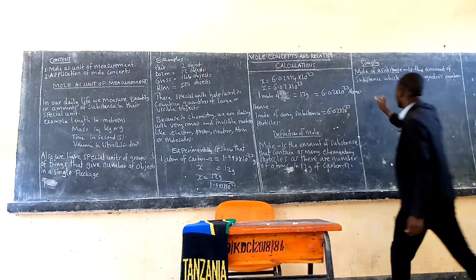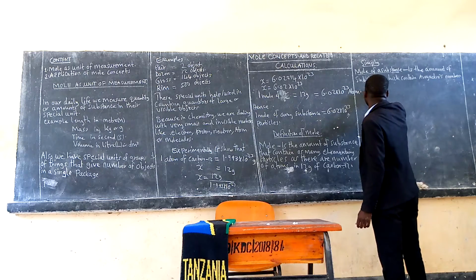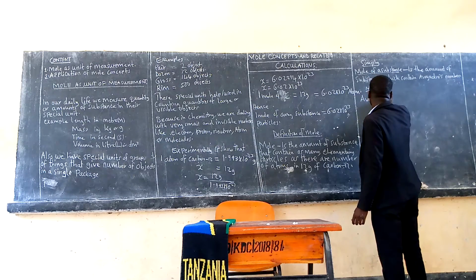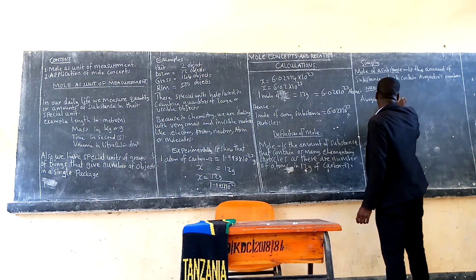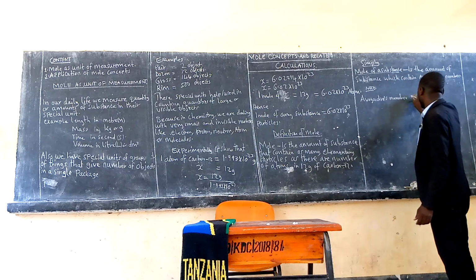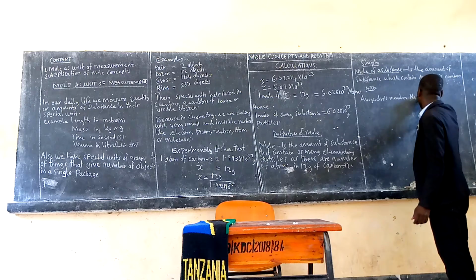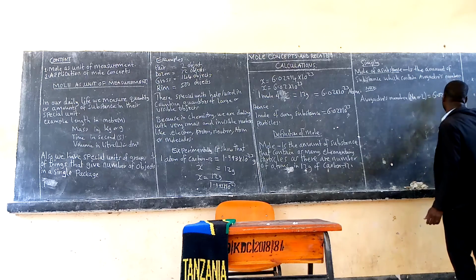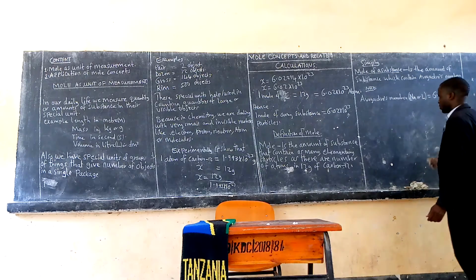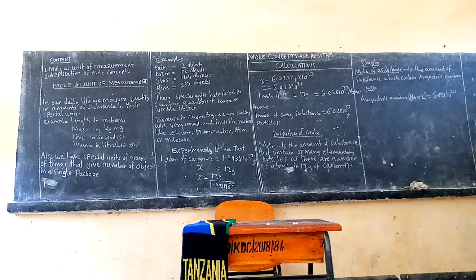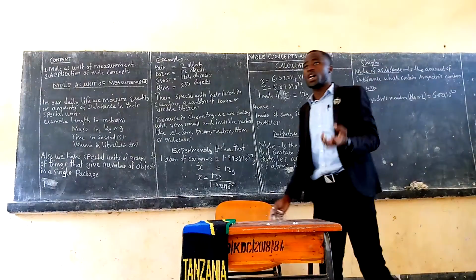Avogadro's number, denoted by N_A, equals 6.02 times 10 raised to 23. So a mole of a substance is the amount of that substance which contains Avogadro's number.